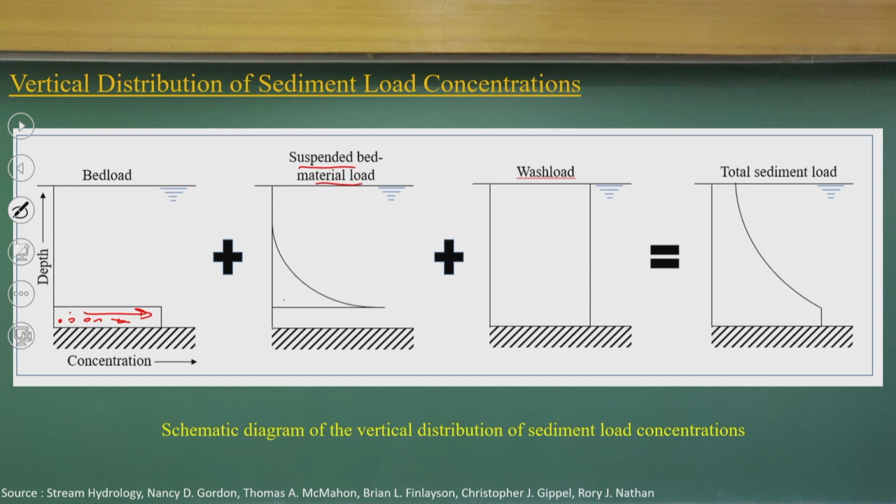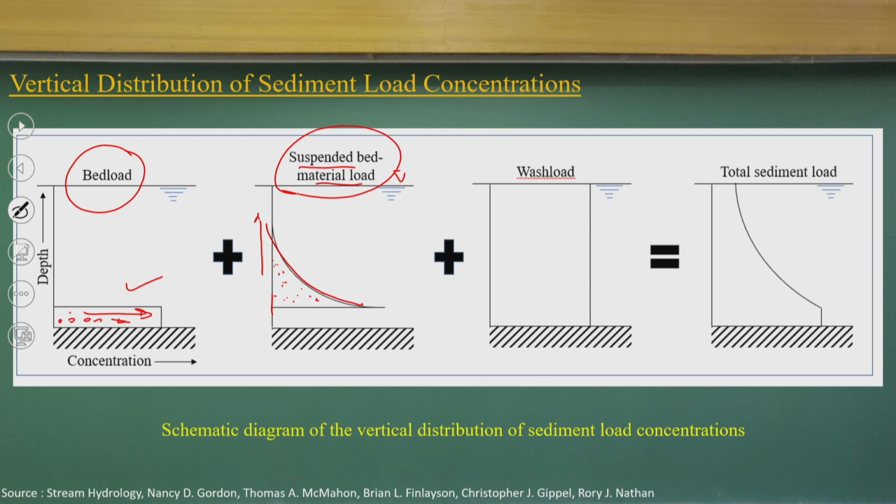All these bed materials go as suspended load, and they remain in suspension because of turbulence lift and also the buoyancy forces. Both lift the suspended particles, and the concentration decays exponentially as we go from the bed to the free surface. This is the distribution of bed load and suspended bed material load.